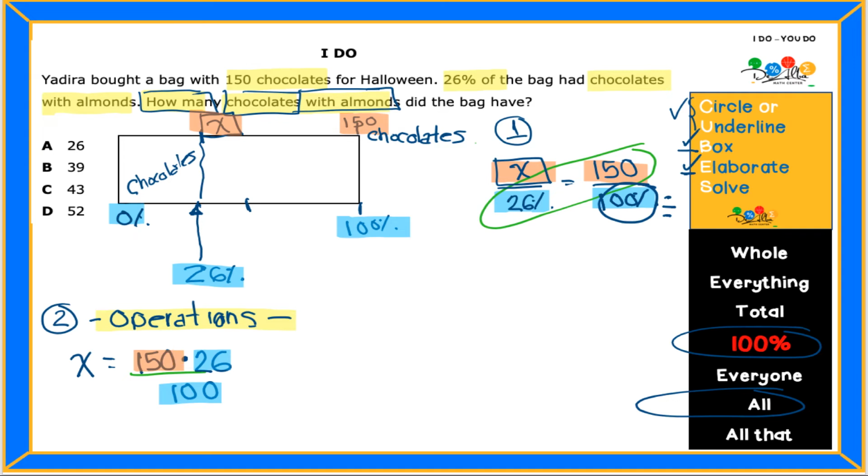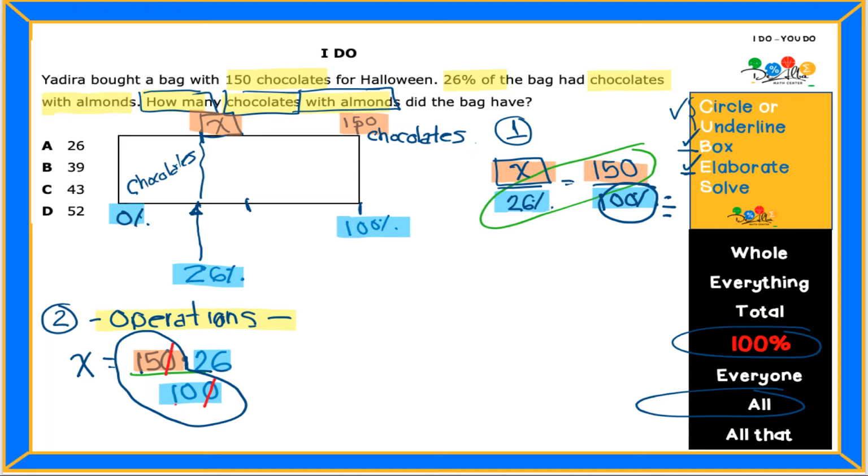Now I'm going to see if I can simplify, so I can make my operations simpler and friendlier before I work out all the operations. Look, guys, I'm going to look at 26 over 100. That doesn't look too easy to simplify. 150 over 100, I like that one because I have zeros at the end. If I'm dividing one number that ends in 0 by another number that ends in 0, this number is going to get smaller because we're dividing.